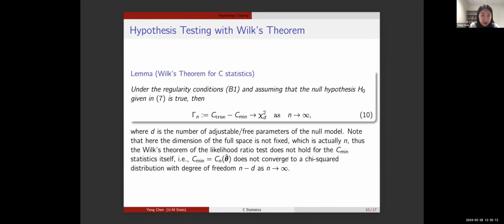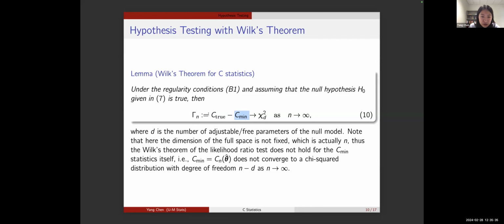So in terms of hypothesis testing, what we can show is that if you plug in the true value of theta in the C statistics function, the difference between that and the C mean statistics, which is the C statistics in the astronomy literature, is a chi-squared statistic with degrees of freedom D, which is the dimensionality of the parameter space.